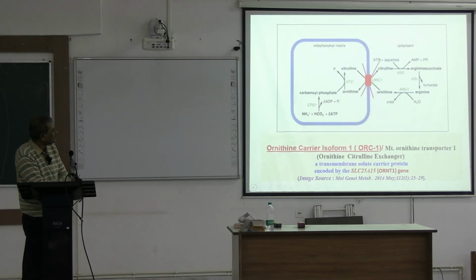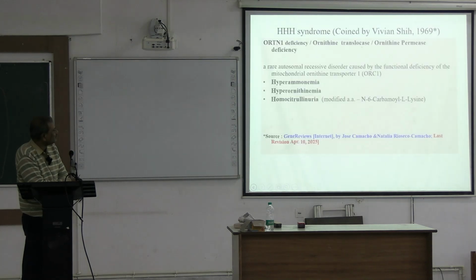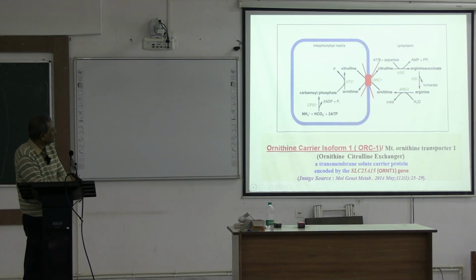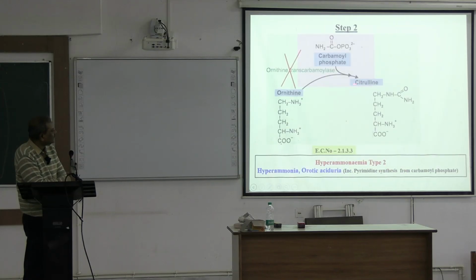Now, this is a transporter defect. This transporter, if it is defective, then it will cause HHH syndrome. That is, there will be hyperammonemia, there will be hyperornithinemia. You see here, ornithine cannot be transferred.